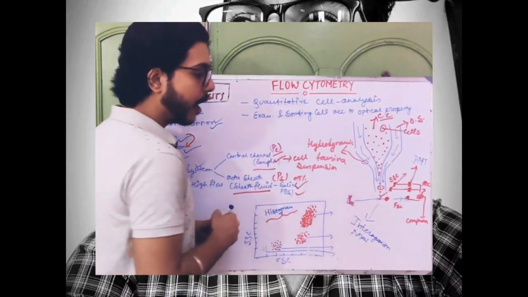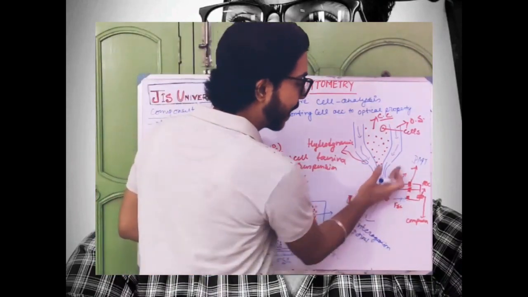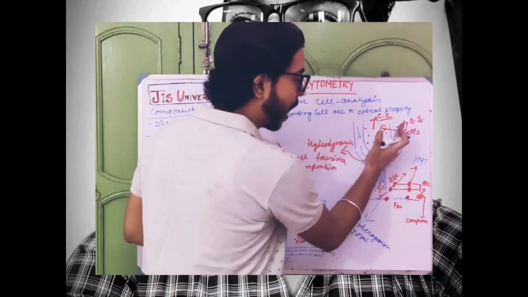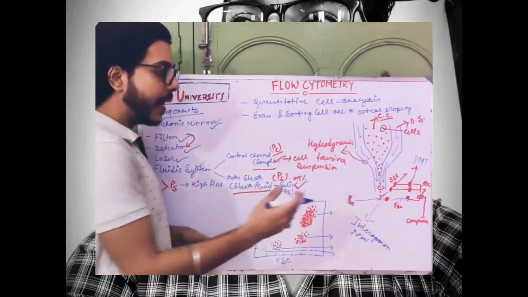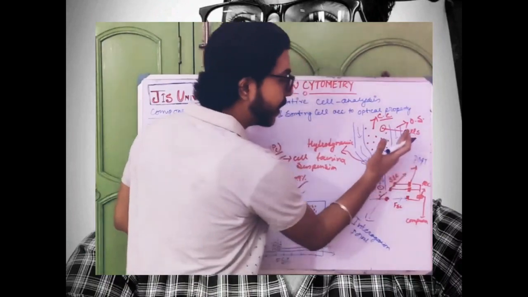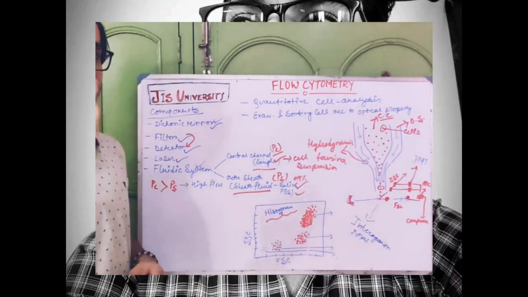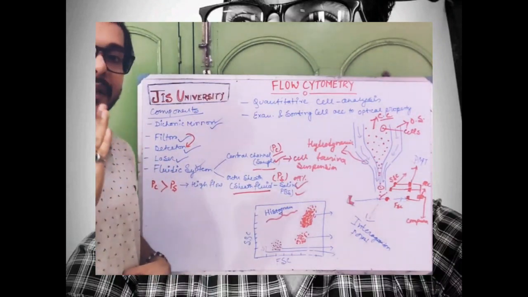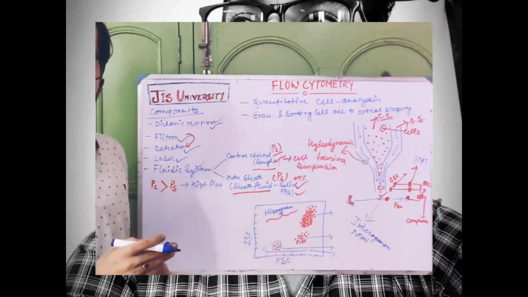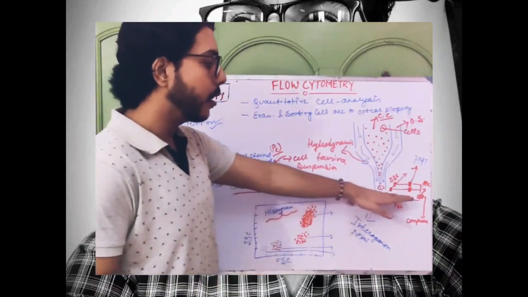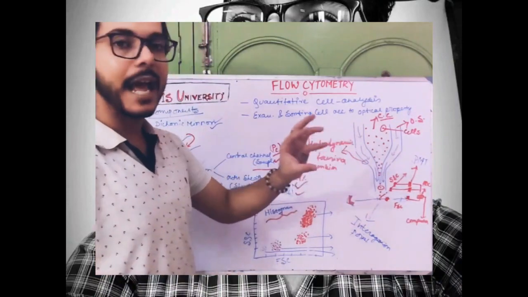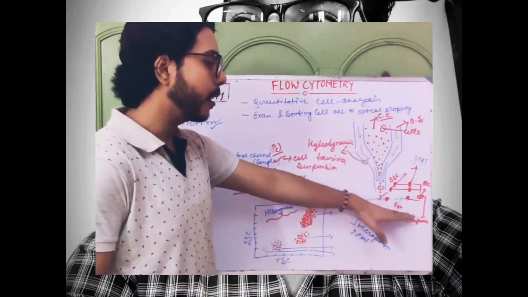One more thing I am telling you, if the side scattering angle is very high, then the component has high complexity inside it. The lower angle light is called FSC.